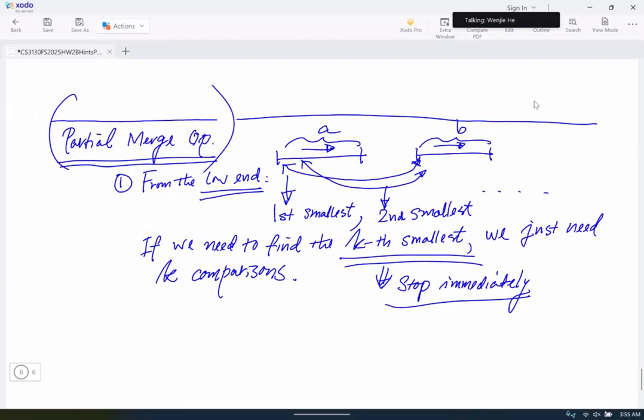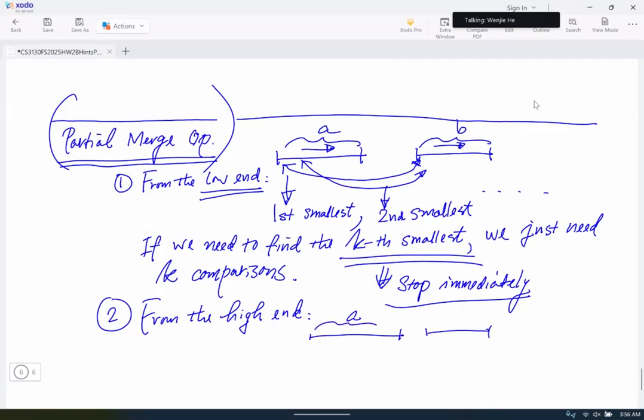Similarly, from the high end, because sometimes we need to find the largest, right? Then we use the same approach, but just from a different end. So this time, let's say we need to find the kth largest element.